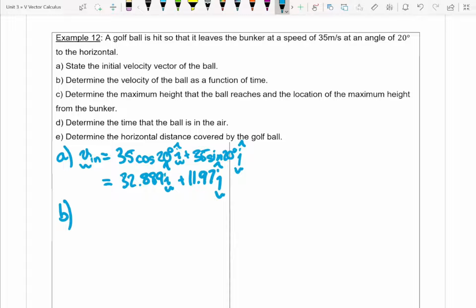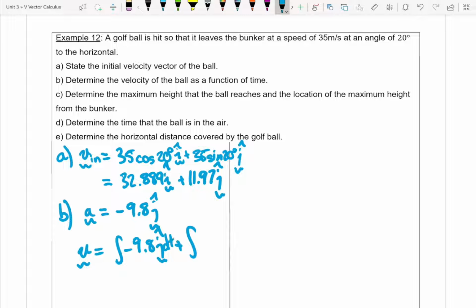For that, we need to use the fact that acceleration is the derivative of the velocity vector, and the acceleration vector is just going to be with respect to gravity. So acceleration is equal to minus 9.8j. So v equals the integral of minus 9.8j dt, and also the integral of 0i dt.